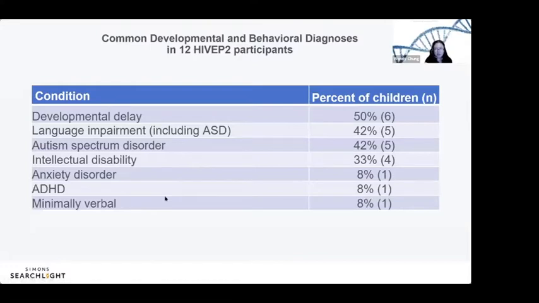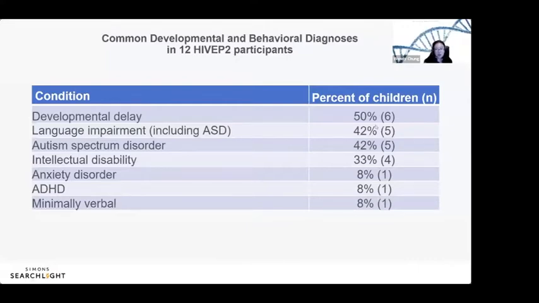And some of them, in addition, can have particular behavioral challenges. So these are descriptive terms in terms of how they behave. And not to say that they don't have HIVEP2, they have HIVEP2 as an underlying cause of why they have behaviors that are on the autism spectrum, or why they have behaviors that are related to anxiety, or why they have behaviors that are related to attention deficit hyperactivity disorder, or ADHD.